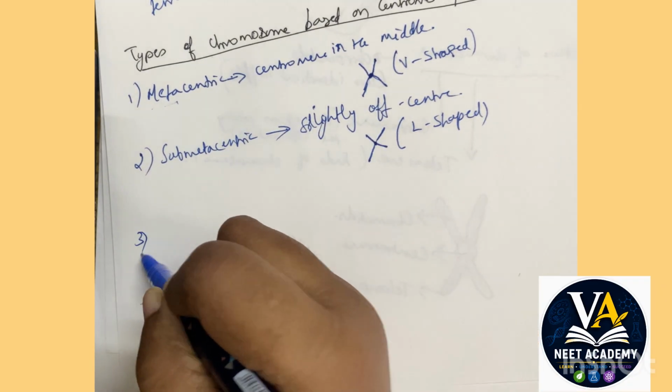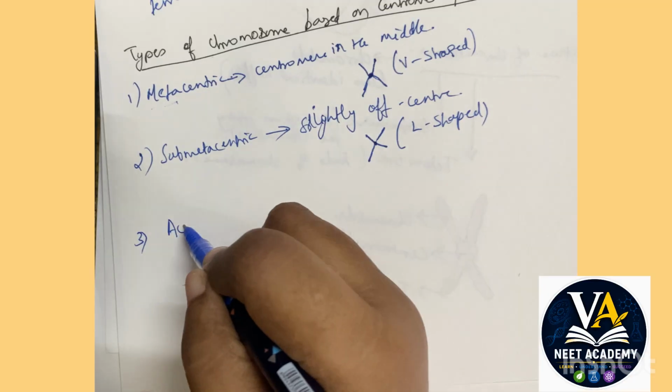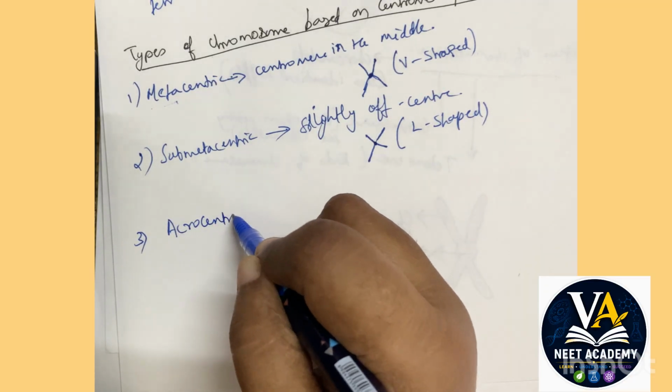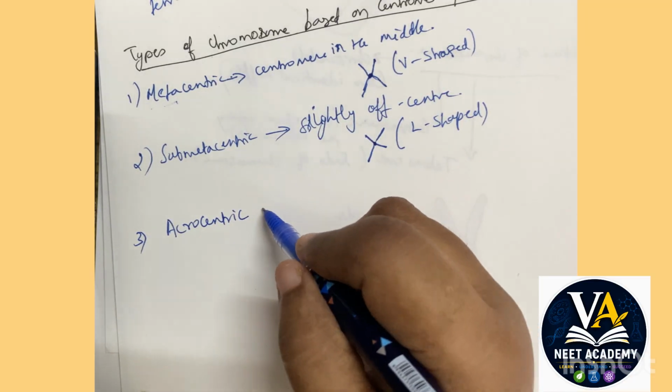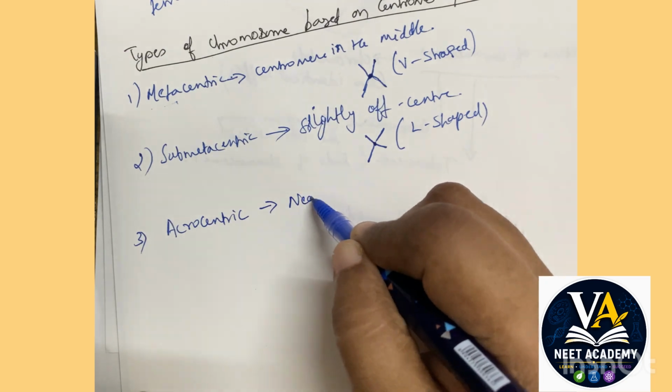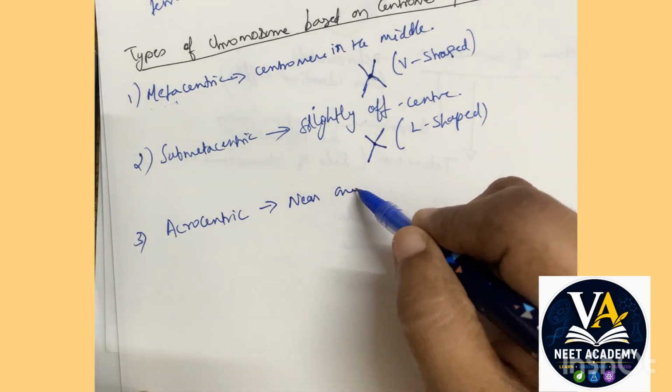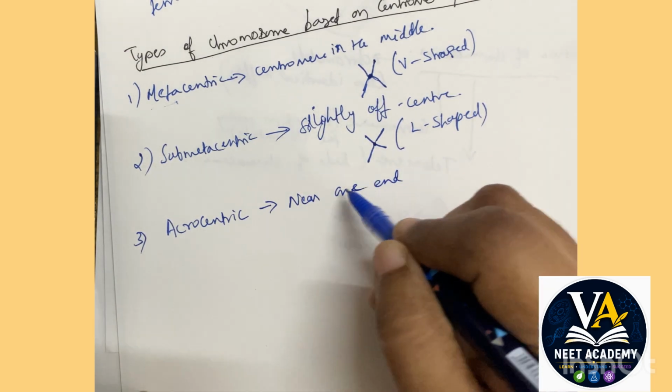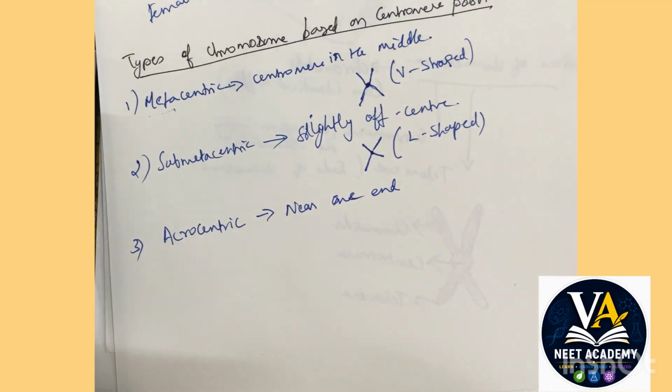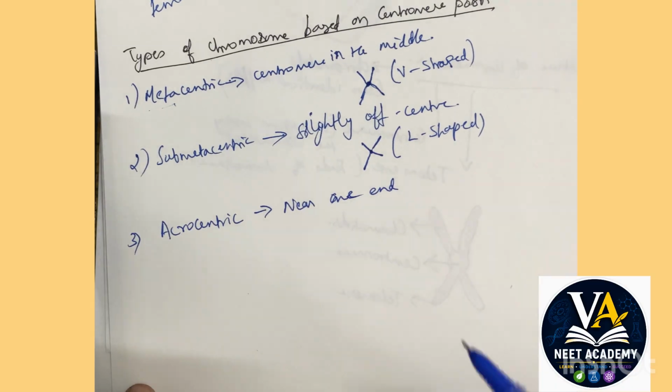The third one is called acrocentric. Acrocentric. So the centromere is almost present near one end.